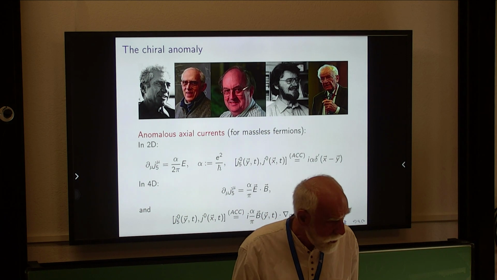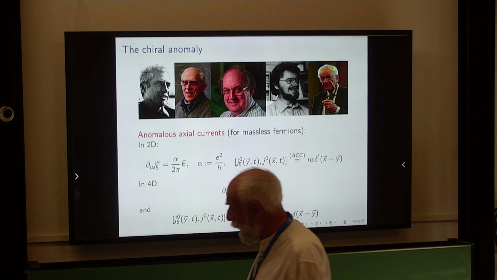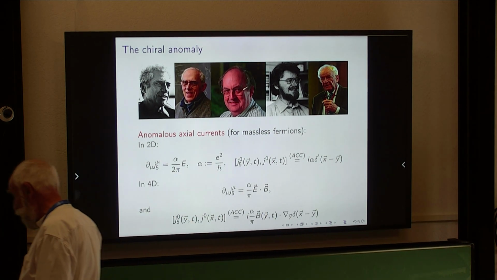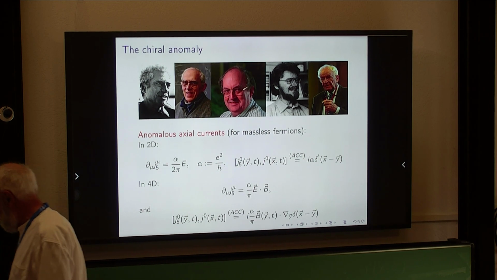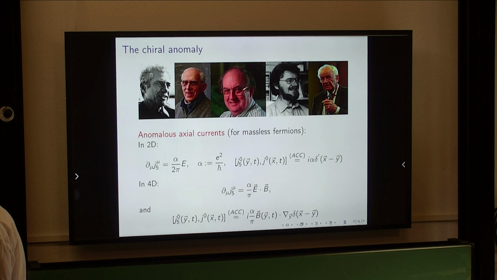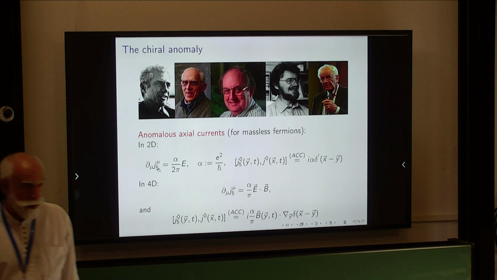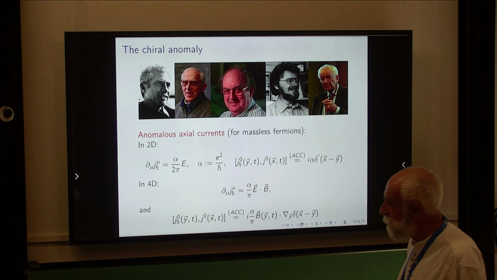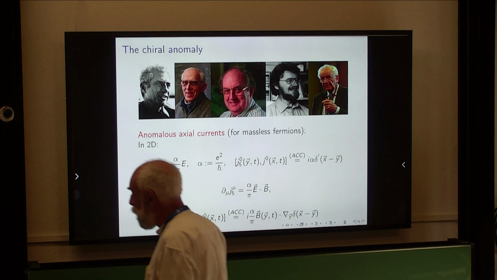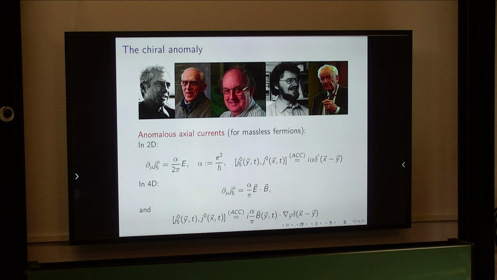Let's suppose that the fermions are massless. Then we can compute the divergence of an axial vector current, and in 1+1 dimensions, it's proportional to the electric field in the spatial direction. Okay, d mu j mu 5 equals alpha over 2 pi times the external electric field.